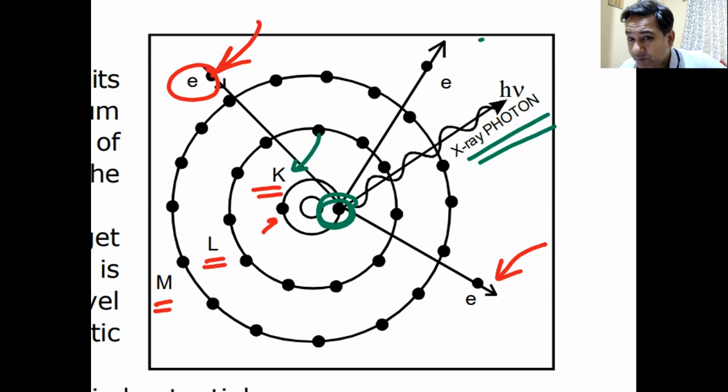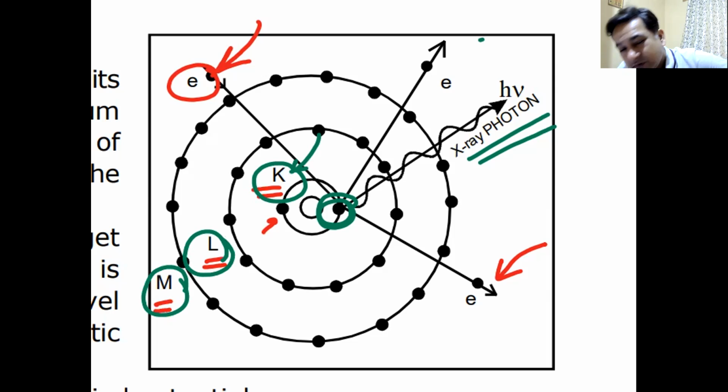And therefore we have different types of characteristic X-rays. One is known as the K series X-rays, then the other one will be known as L series, and the other one as M series, depending on from which shell electrons have been knocked off or electrons have been coming back. Do we understand this?